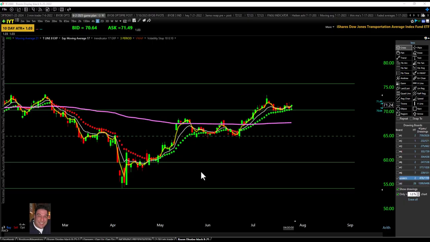And guess what? I like it when it's inside of a 2-hour uptrend. And I like it when that 2-hour uptrend is also inside the daily uptrend, inside the weekly uptrend, inside the monthly uptrend. You see what I'm doing here? I've got all the forces of nature pushing price to the upside.